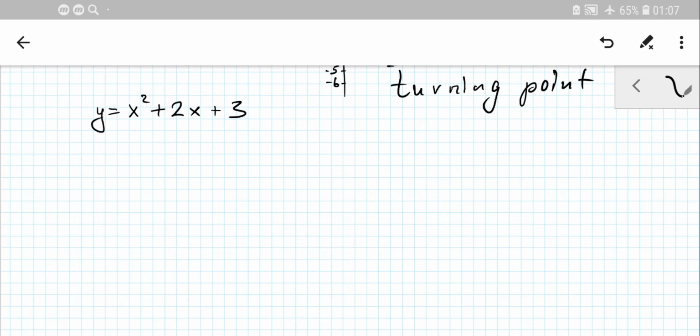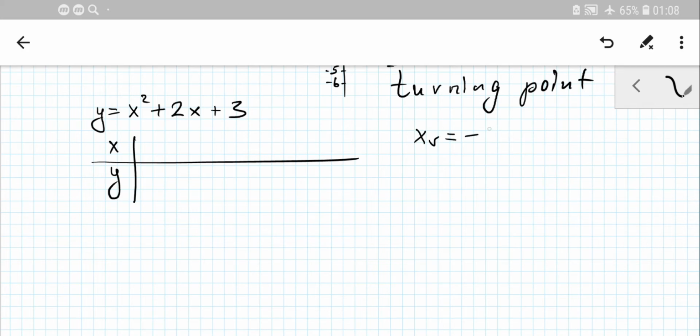Okay, what do we know about that? We can arrange an xy table for that, and we can start writing. I know that the vertex x-coordinate is going to be -1 because it can be calculated in a specific way.